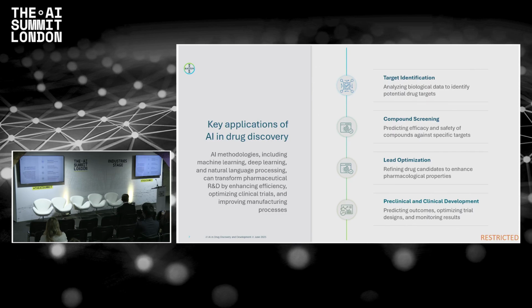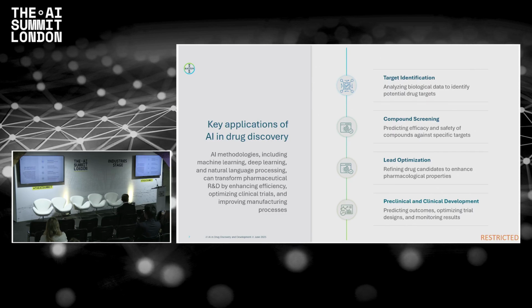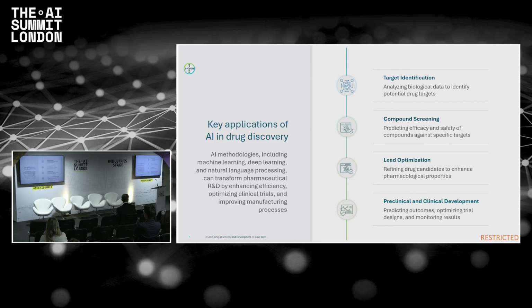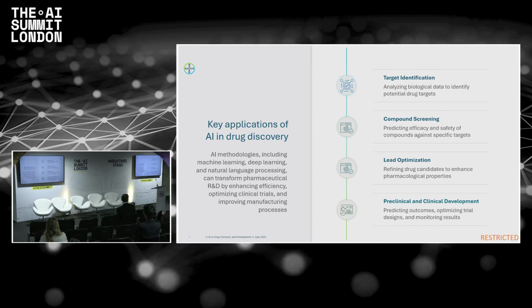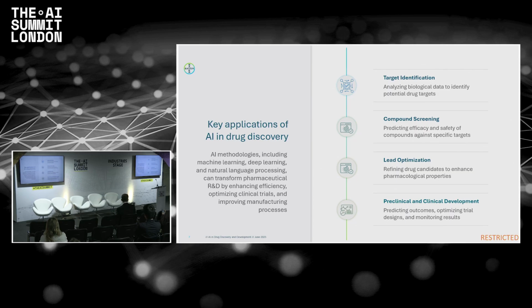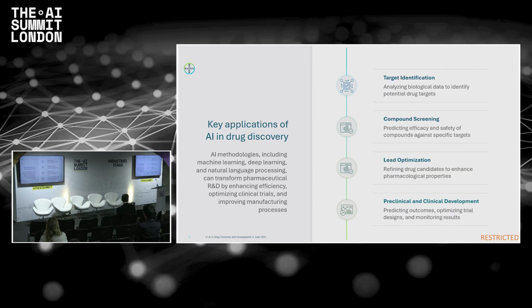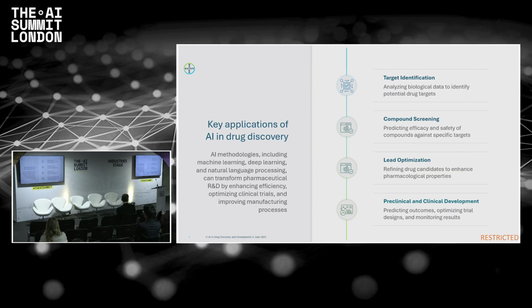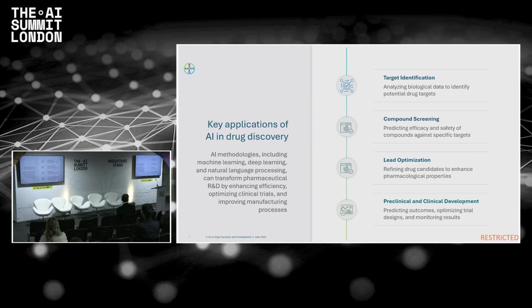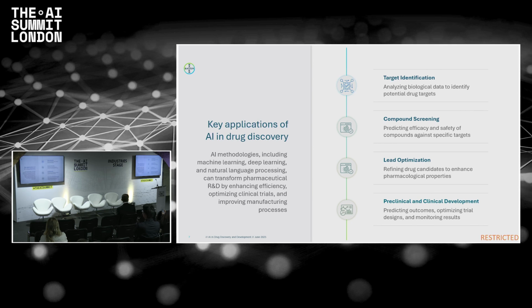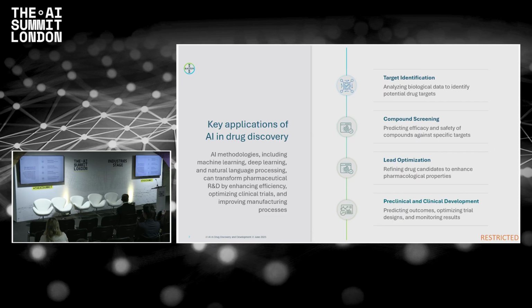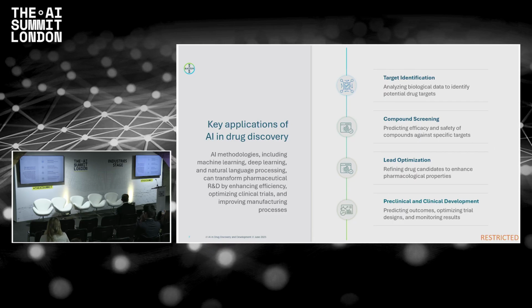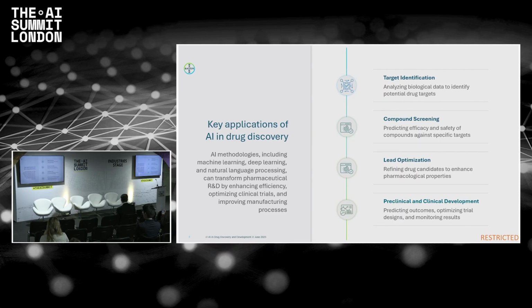Next one is compound screening. So you have your targets. Now you have got a vast library of compounds, potential drugs. Then you try to predict the efficacy and the safety of those compounds that can bind with the targets. And then once you have got data points, you do some lead optimization. You try to change some of the properties so that you increase the pharmacological properties, you enhance the binding potentials and so on.